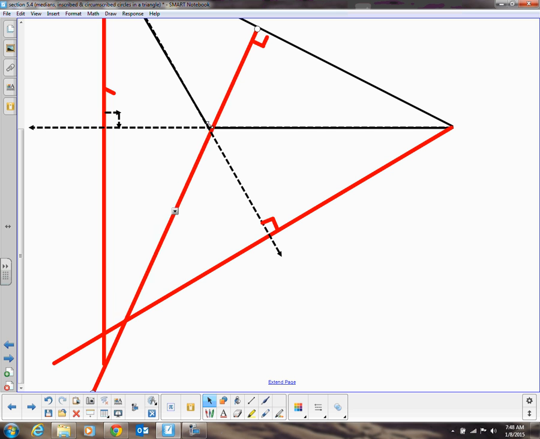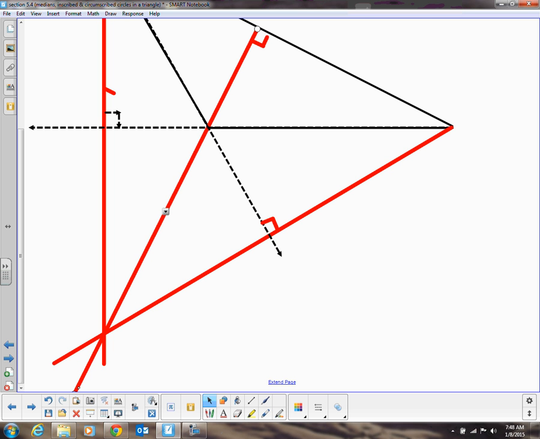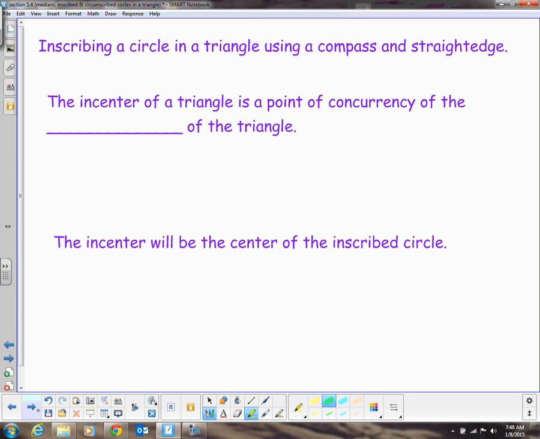Well, this is how I'm going to see if I did a very good job. Look at that. What are they? The lines that contain them are what? Concurrent. Those are altitudes. Altitudes are perpendicular. Bree, are you awake? Medians intersect the midpoint.